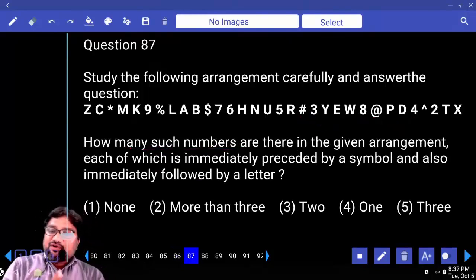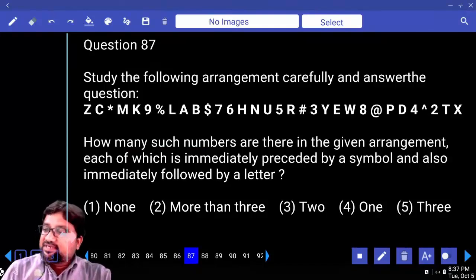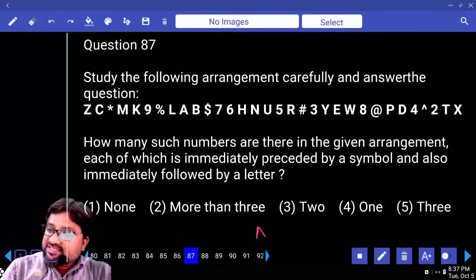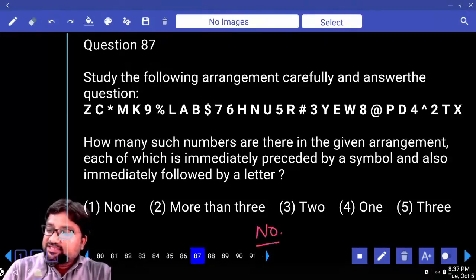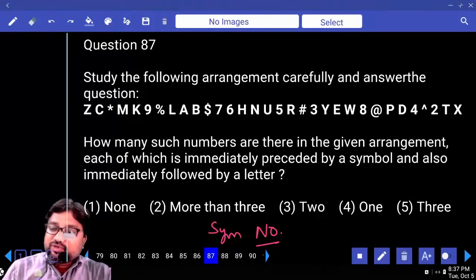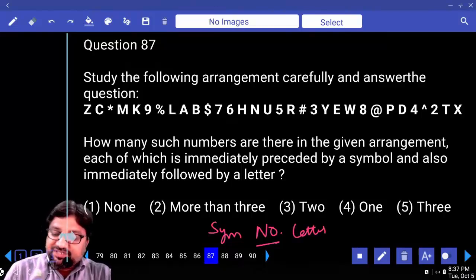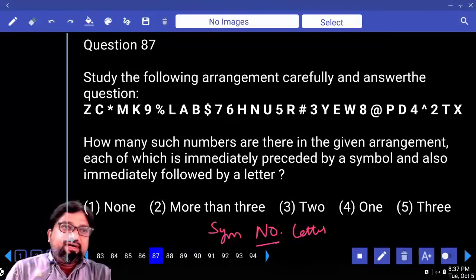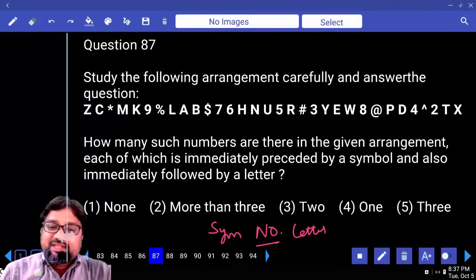87. How many such numbers are there in the given arrangement, each of which is immediately preceded by a symbol? Preceded means immediately before, and also immediately followed by a letter. So what's my combination here? Symbol, number, letter. Chalo, symbol, number, letter.